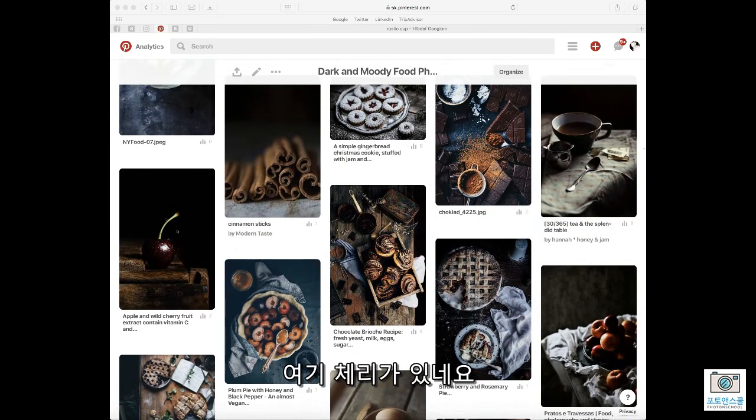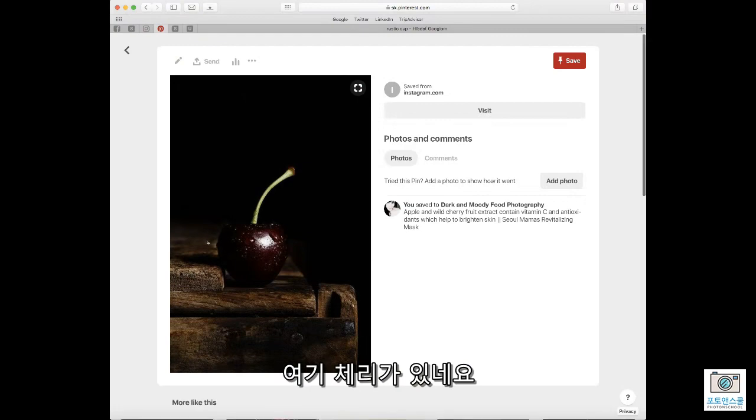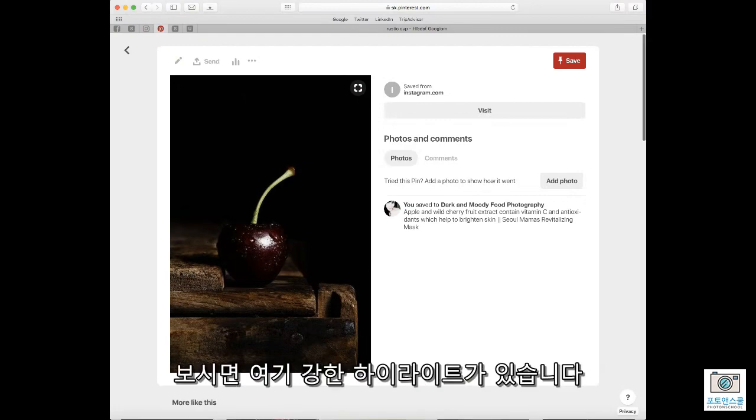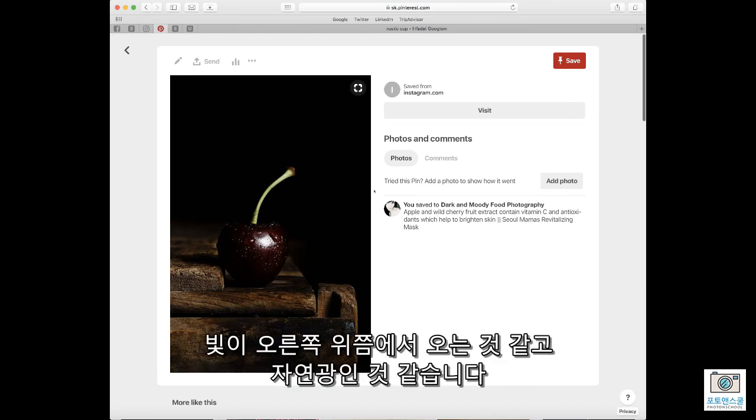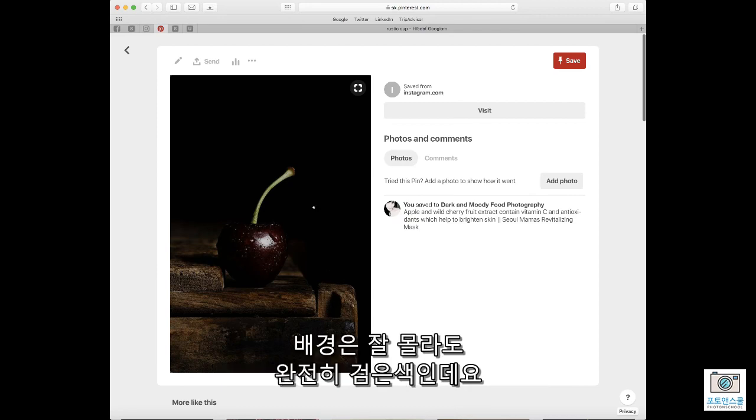I can see a cherry here, so let's take a look at it. As you can see, here is a very harsh highlight. So I suppose that the light source is somewhere here. I think it is natural light. The subject is on a rustic table, and we don't know what the background is.